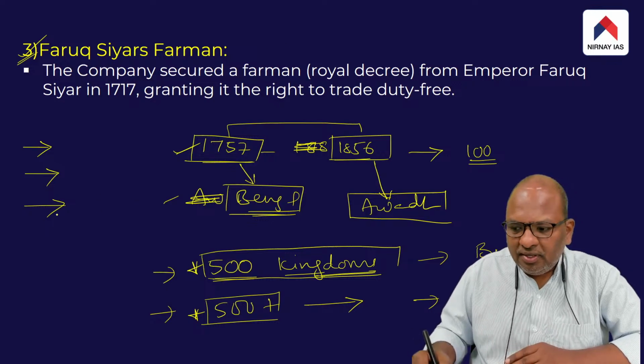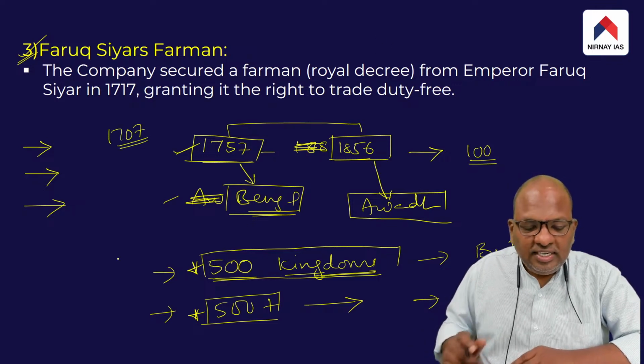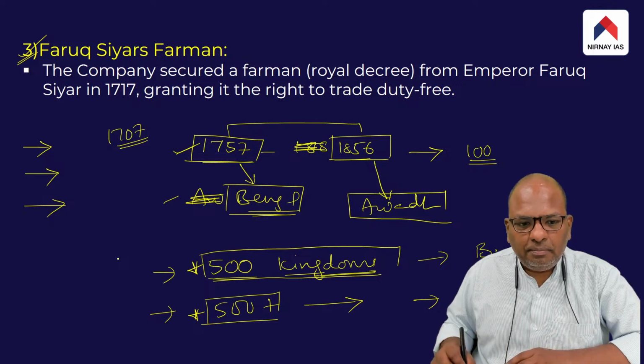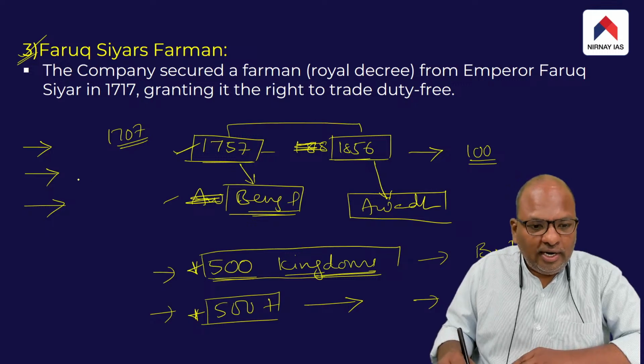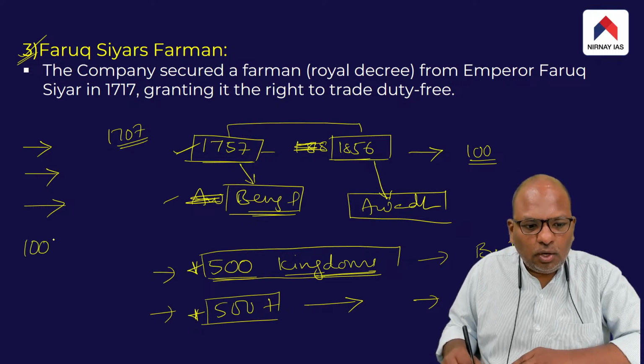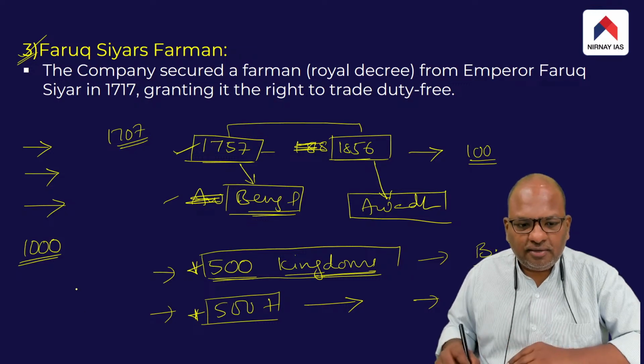After the death of Aurangzeb in 1707, the disintegration of the Mughal Empire began, and within a short span of time, not less than 1,000 kingdoms came into existence in the Indian subcontinent.